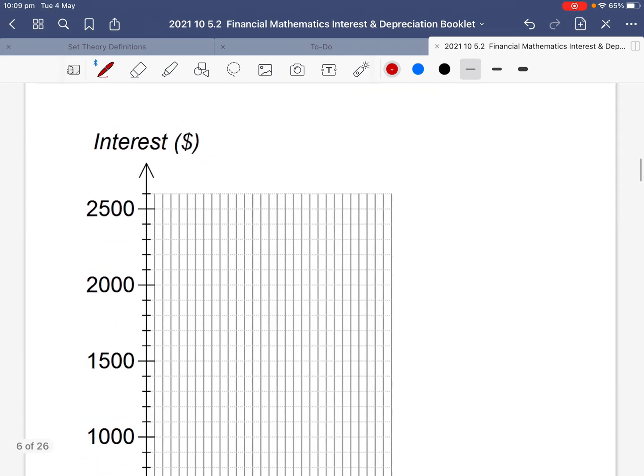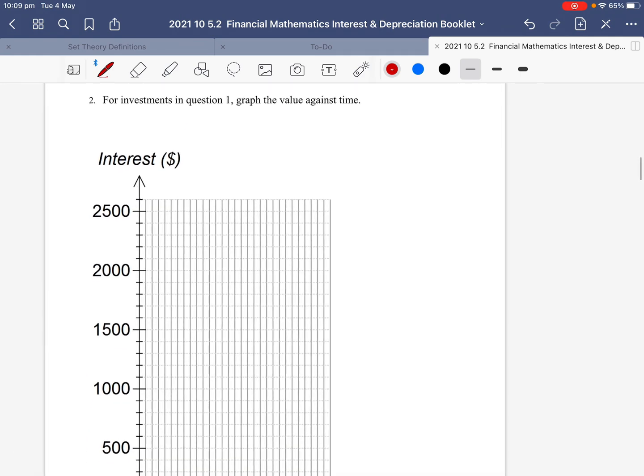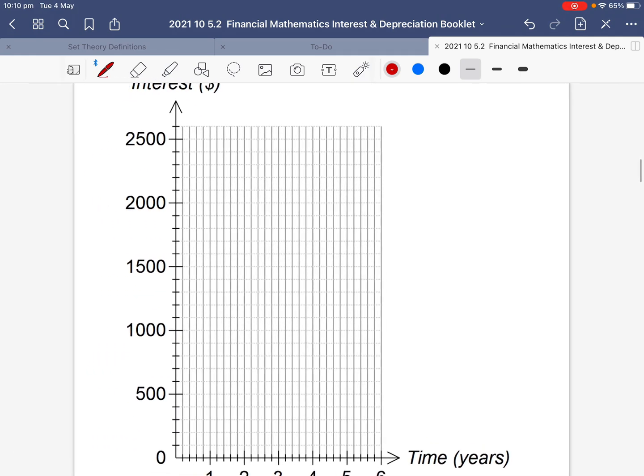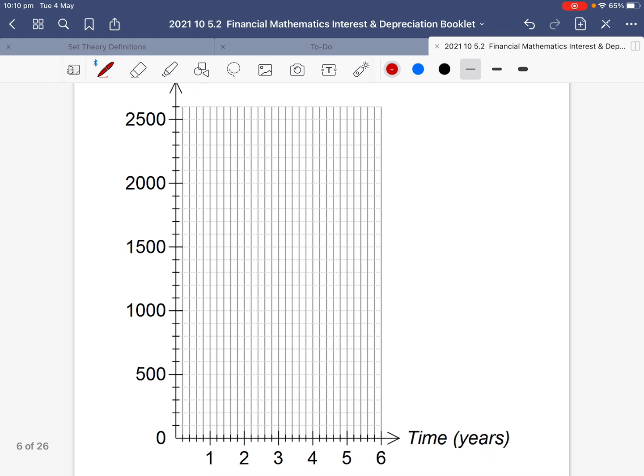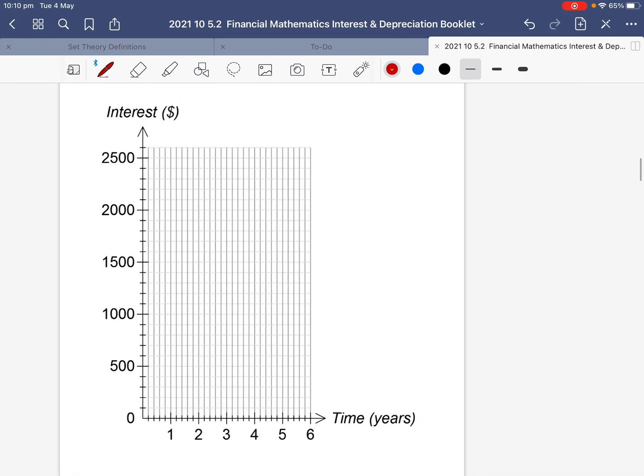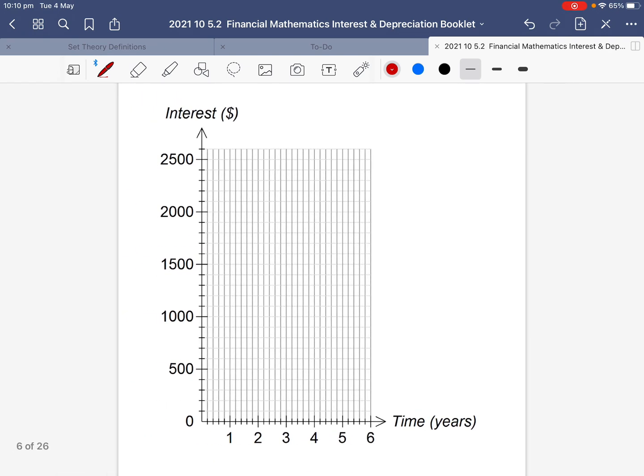We can also graph how much the investment is worth over time. And so the difference in this graph is that on this axis, the vertical one, we don't have the interest, we have the value of the investment.